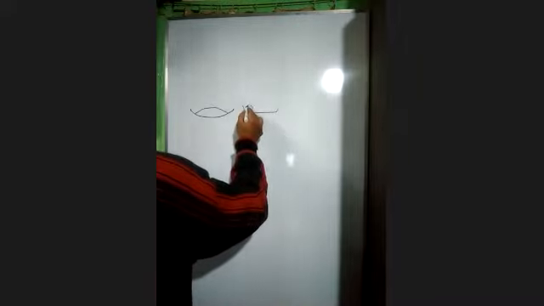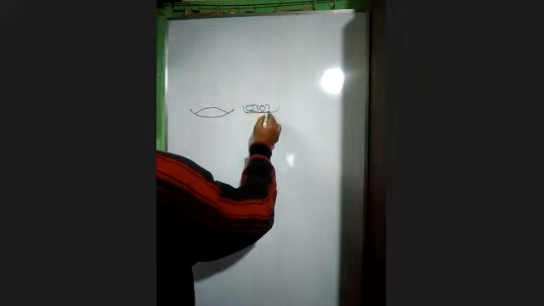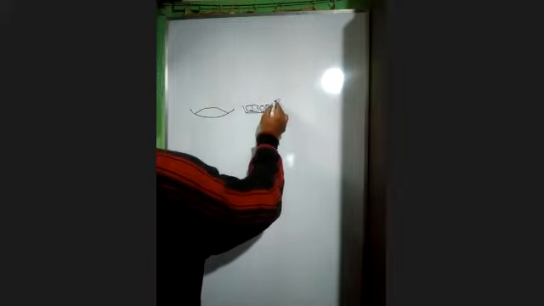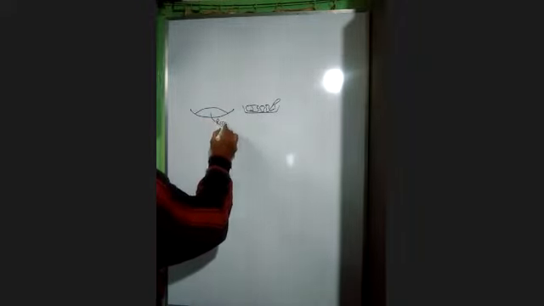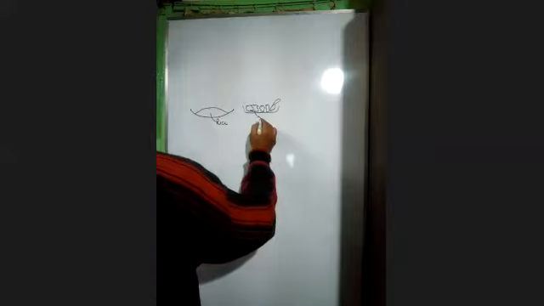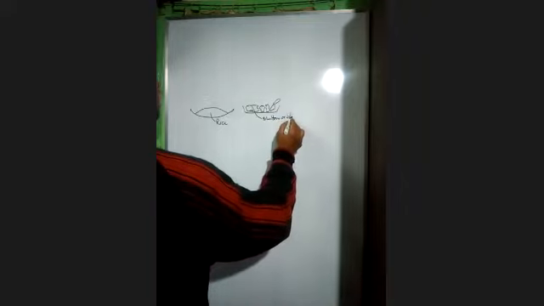So this is pieces of your meat, mutton or chicken or something like that. I'm very bad in drawing. This is rice. This is your mutton or chicken.